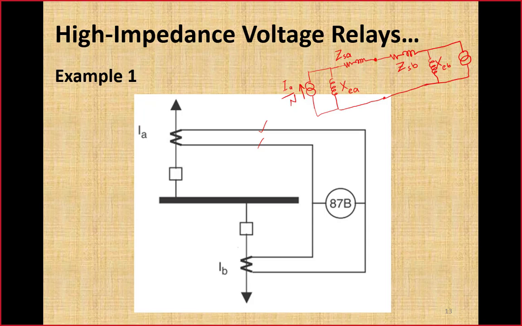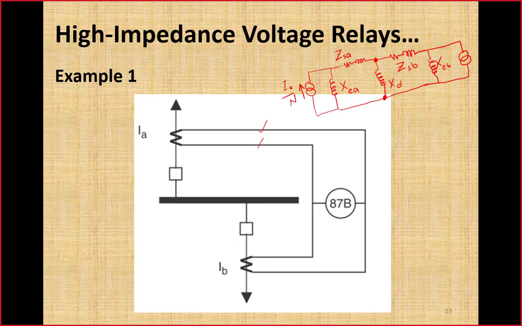We assign the direction of current later. This is the point where we have connected these two CTs in parallel. Here comes the high impedance differential branch, XD.